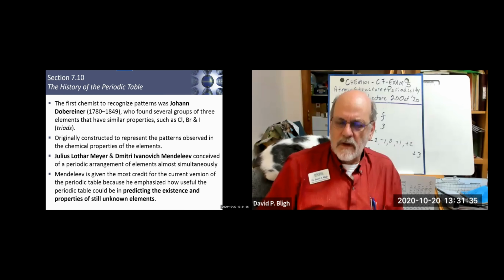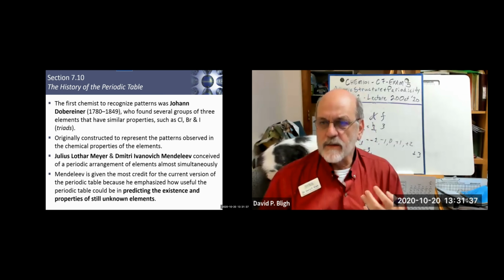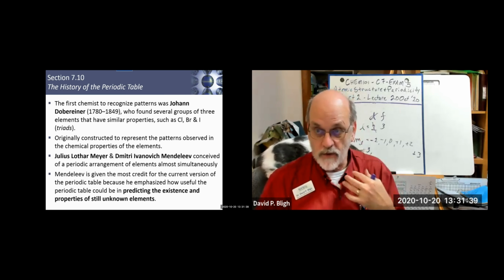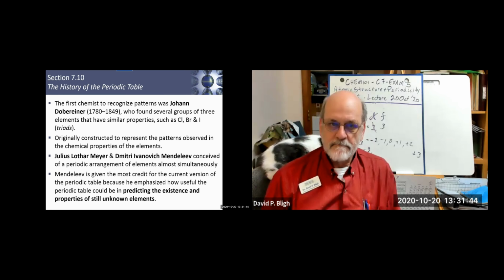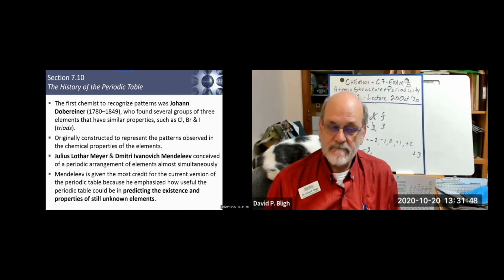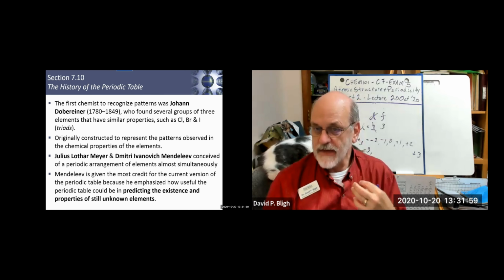So, why did the periodic table develop? I mean, what are its roots? Well, there was a German chemist, Johann Dobereiner, in the middle of the 18th century, who observed that there were groups of elements.